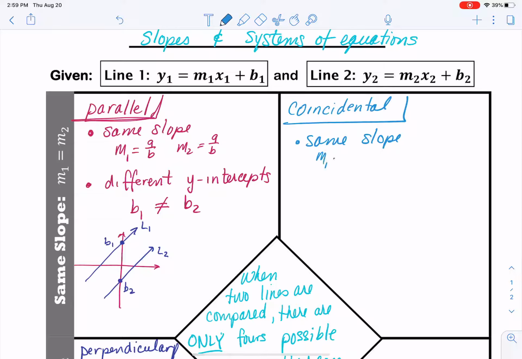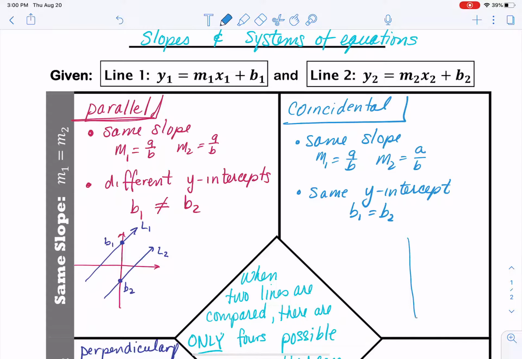So M1 is A over B, and M2 is A over B, and the same y-intercept, where B1 equals B2.